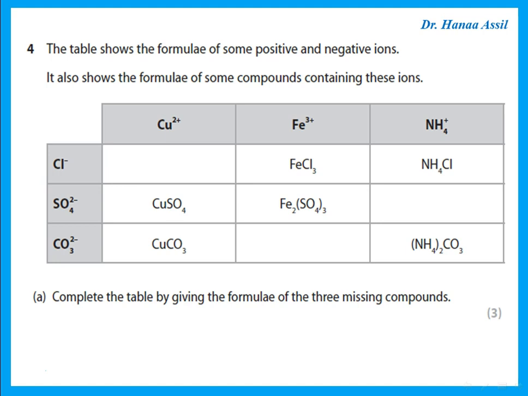So even if I don't know what's the valency of copper, if it has 2 plus, that means the valency of copper is 2. Cl has 1 minus, that means the valency of Cl is 1. And that means if I'm writing the formula, I write the valency of one under the other. So the valency of copper is 2, I put that under the Cl. The valency of Cl is 1, I don't put anything under the copper.